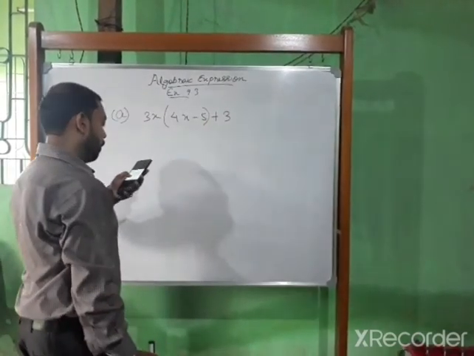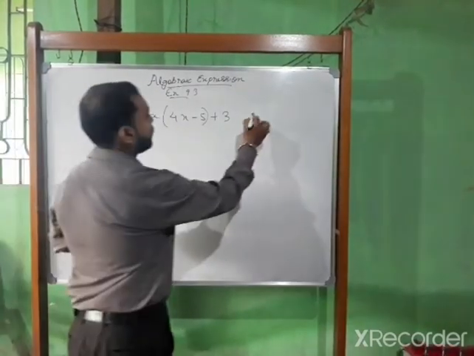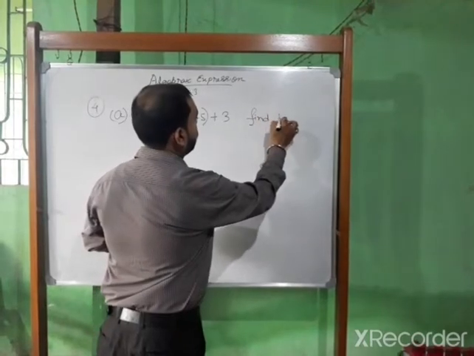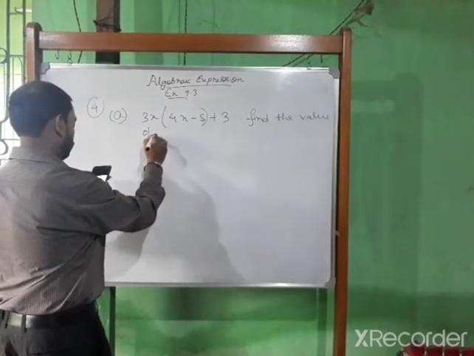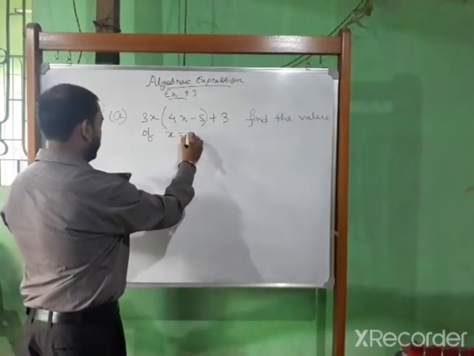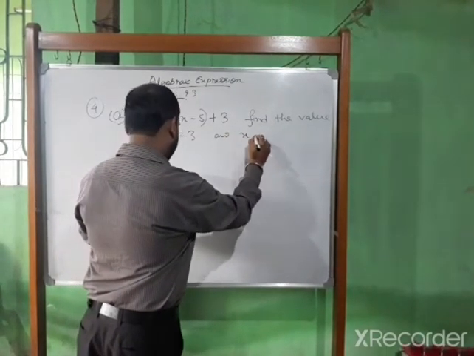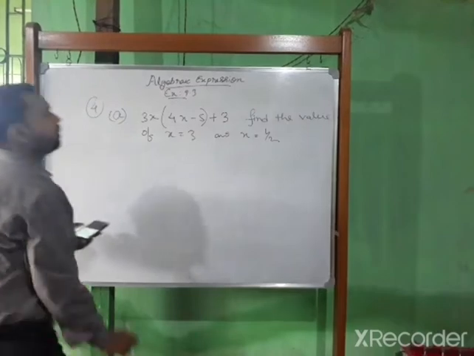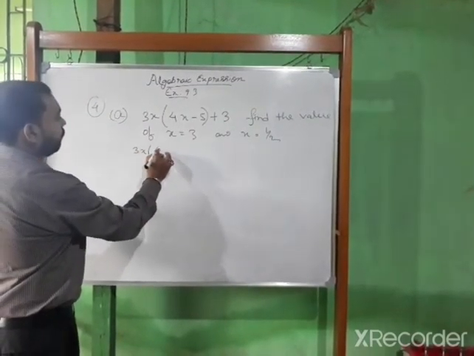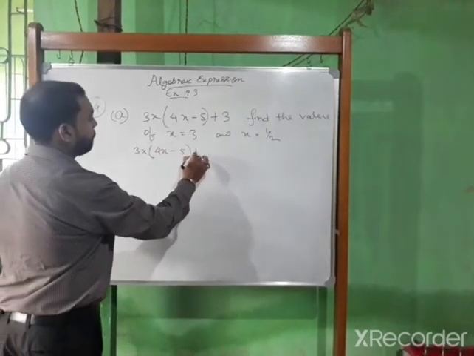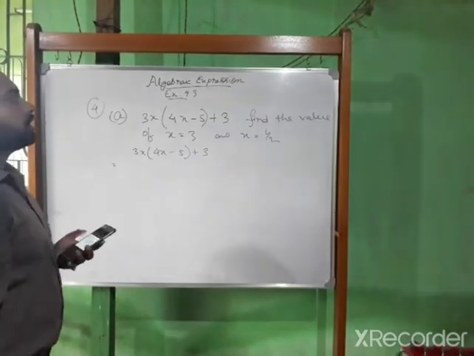Find the value for x equal to 3 and x equal to half. So this is the expression and they have asked to find the value for x equal to 3 and x equal to half. Let me first write the expression 3x into (4x minus 5) plus 3. At first you just simplify this expression.